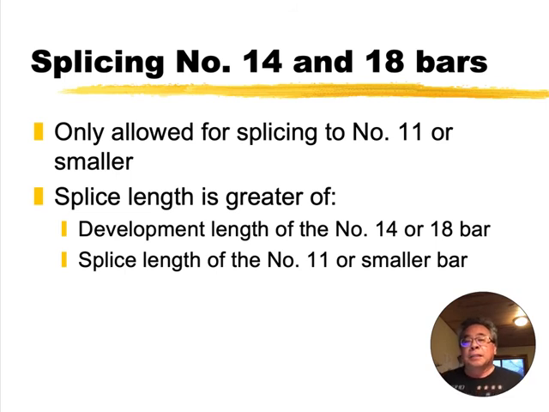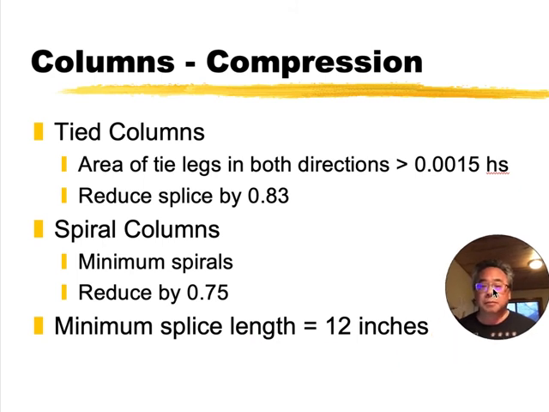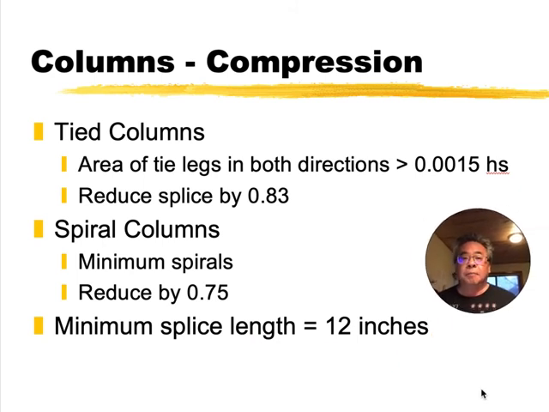So that is splicing for tension and compression, but there are some special rules for compression and tension for columns. If you're splicing in a column in compression, which is normally, columns are in compression, the area of the ties in both directions has to be greater than 0.0015 H times S. Let me try to draw this.